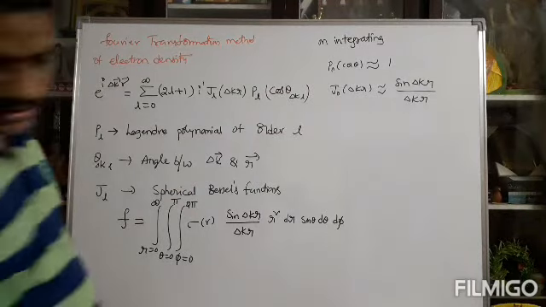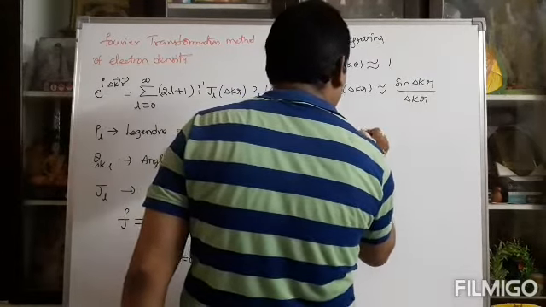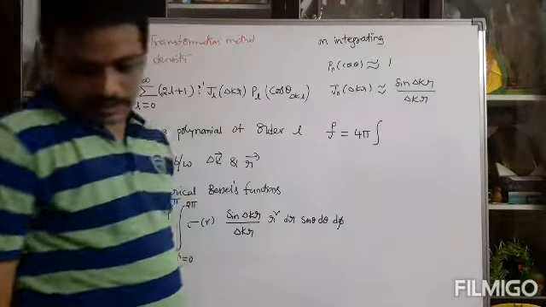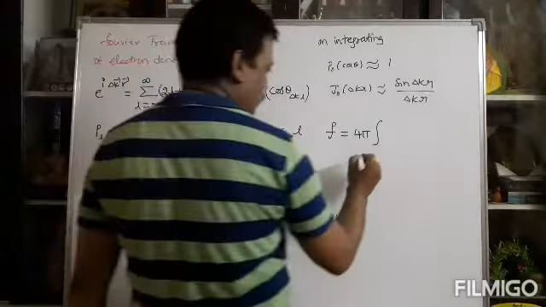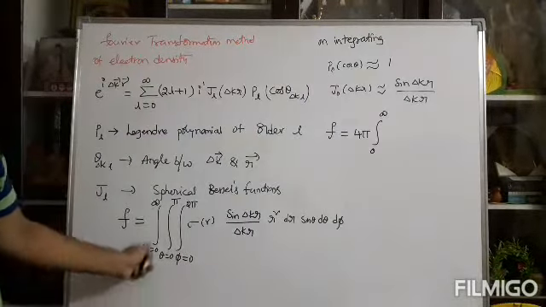Finally you get the result: form factor F is equal to 4 pi into the single integral from r equal to 0 to infinity.